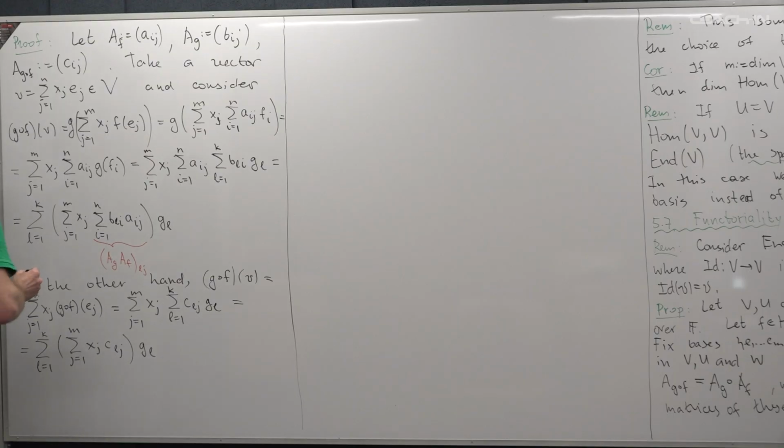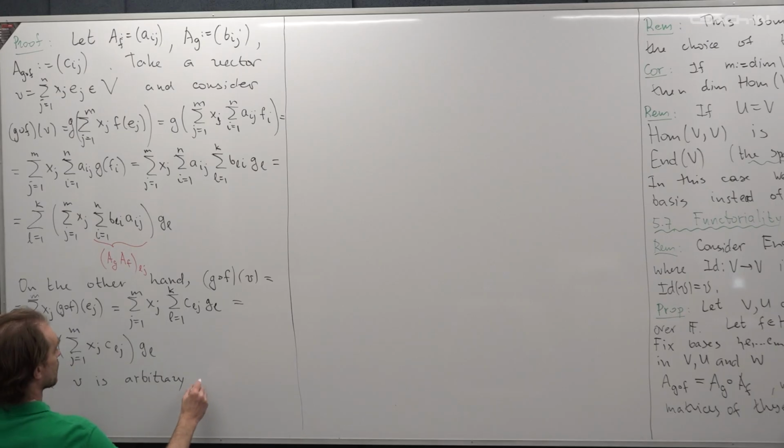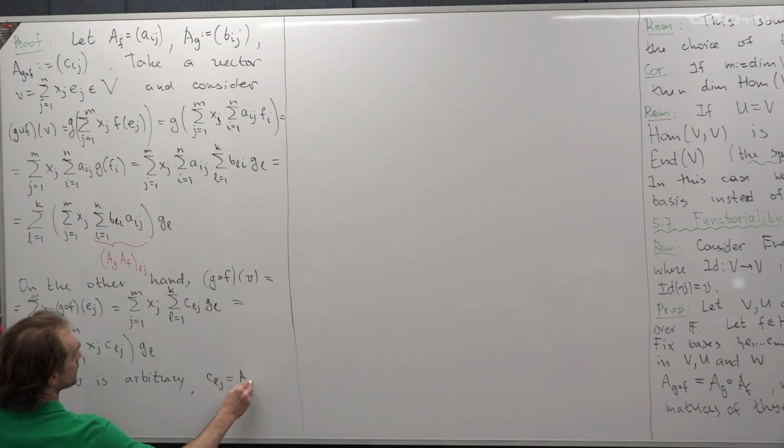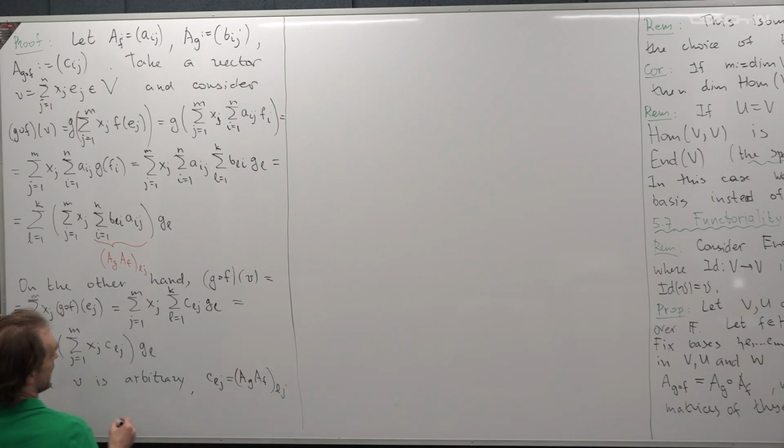So this is what we get. And since v is arbitrary, these matrices are equal. So c sub lj equals the lj element of A_g A_f.